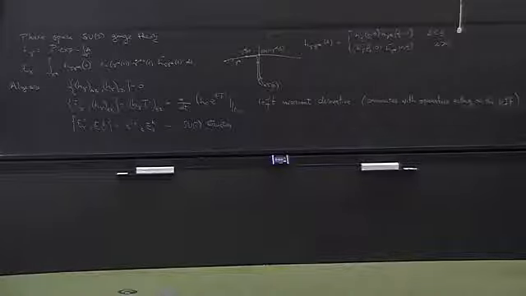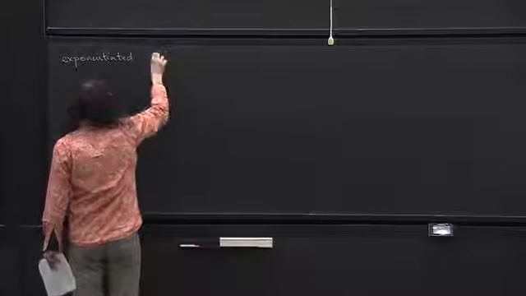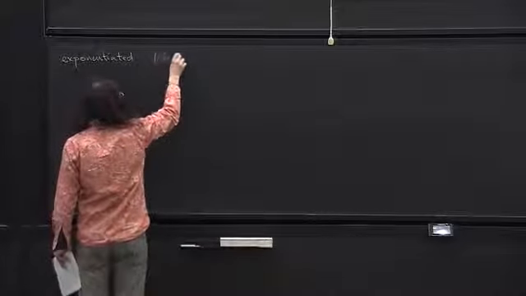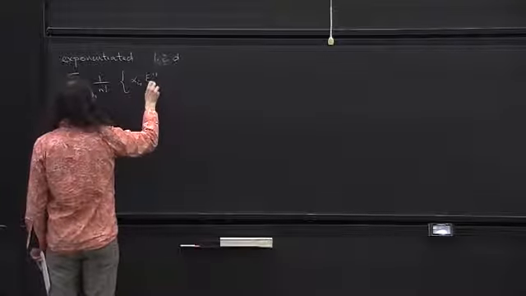So the exponentiated version of the left invariant derivative would be something like sum over n positive, 1 over factorial n, then I will write alpha I1 I1 gamma.